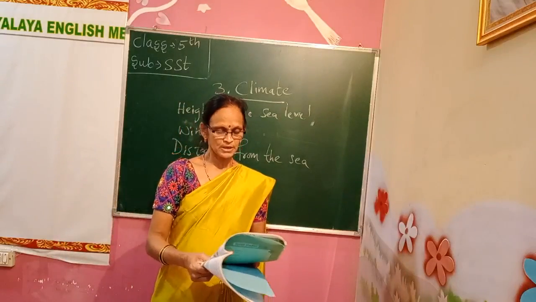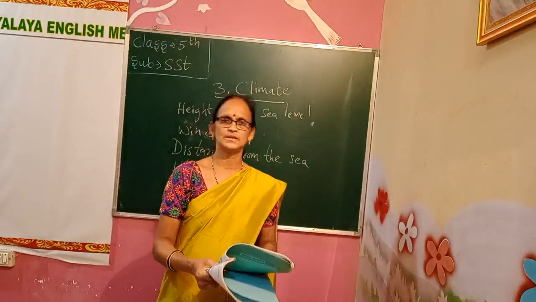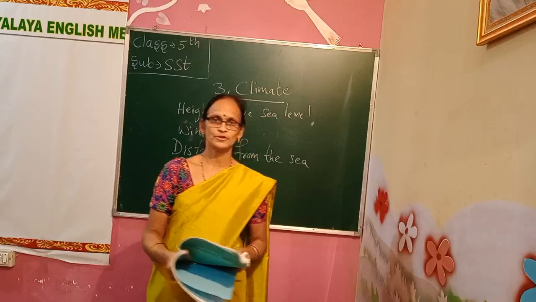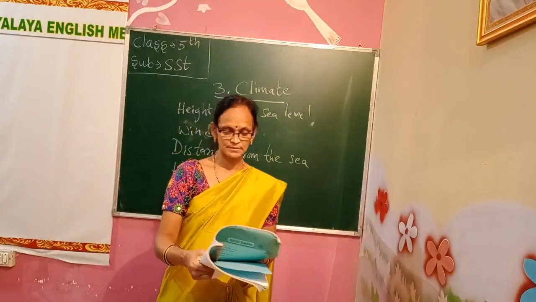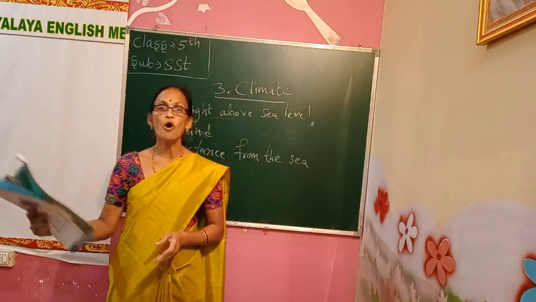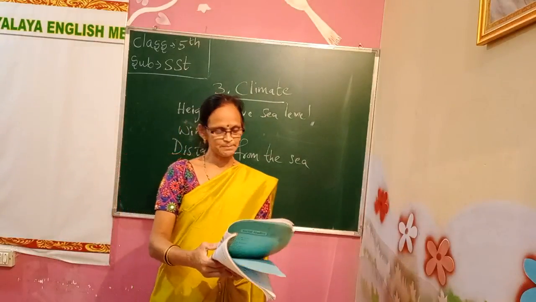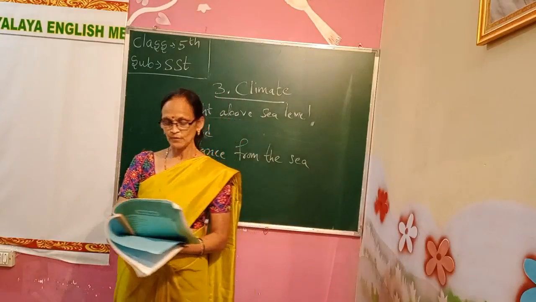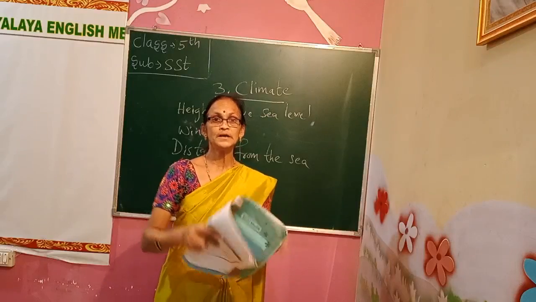If the sun rays are there, then the air is heated, and you get warm air. Warm air rises and is replaced by cold air. When the air is heated, what happens? It rises.